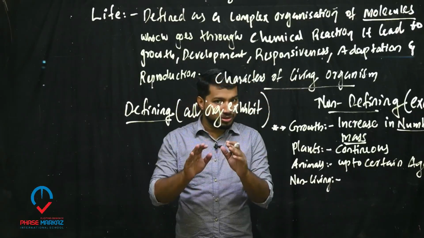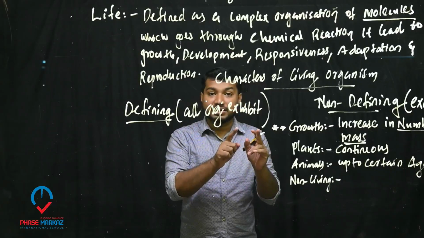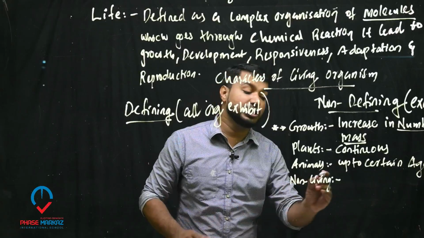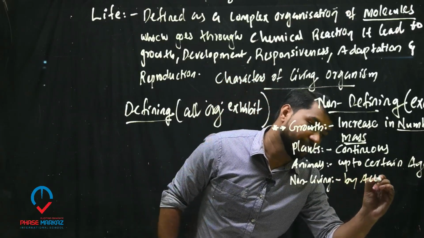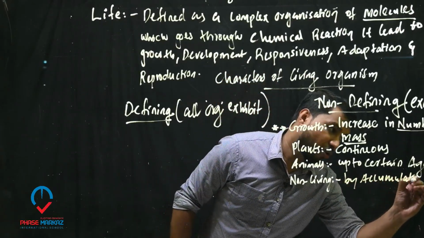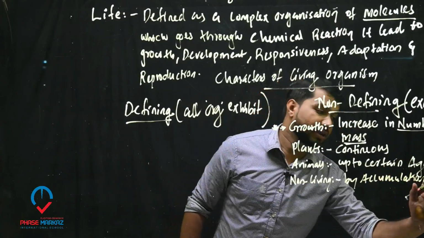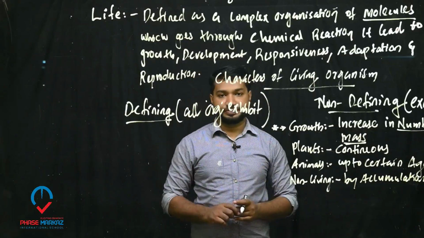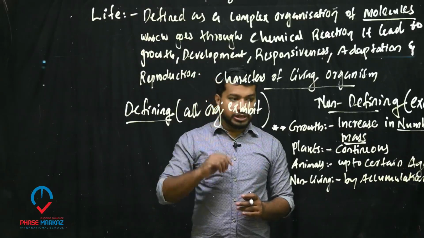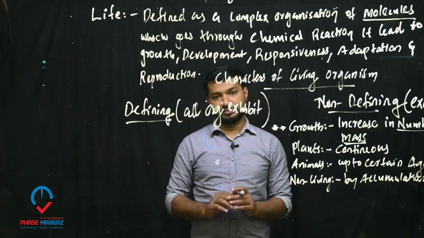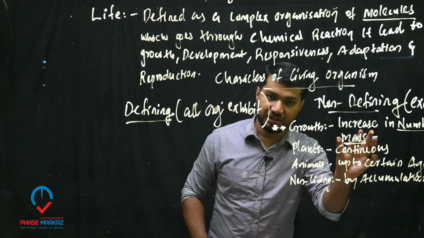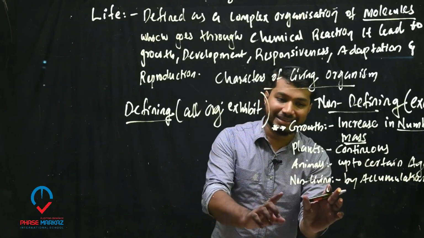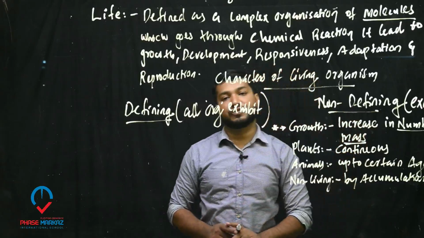Actually, non-living things are not growing, but according to the definition, we can argue that non-living things are also growing by accumulation of dust particles on any kind of object. Based on the definition, the mass of non-living things is also increasing. That's the reason growth is considered a non-defining property.